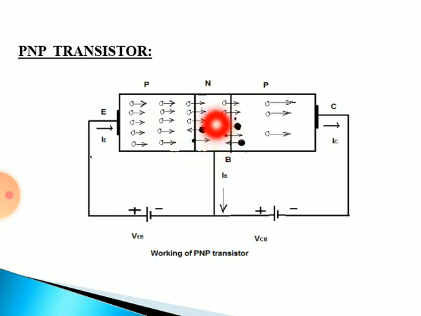Because the base is lightly doped, there are fewer electrons. So only 5% of holes combine with electrons and 5% base current is formed. The remaining holes move towards the collector, providing 95% of your IC current. So total IE is equal to IB plus IC. So this is how your NPN and PNP transistors work.